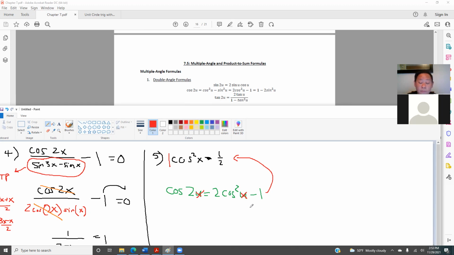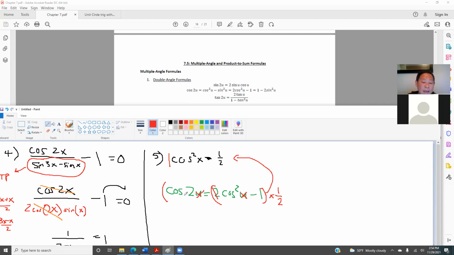You should take this whole thing and multiply by what? How do you make 2 become 1 and 1 become 1/2? So you multiply this by 1/2, because when you multiply this by 1/2, you will get cosine squared x minus 1/2.